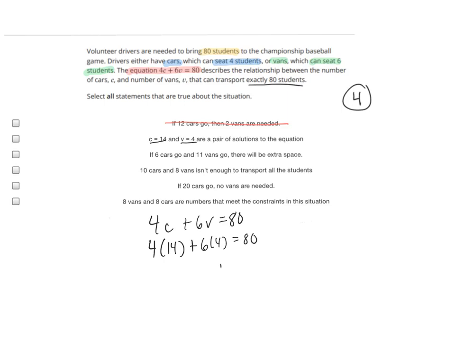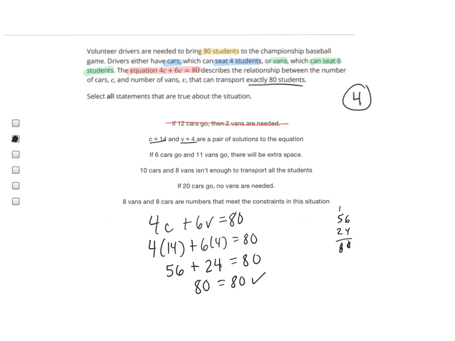We put this in here and get 56 plus 24. We want to see if that equals 80. Okay, 56 and 24 does equal 80. Because those two equal out, this one is a solution. So you would mark that one as true.